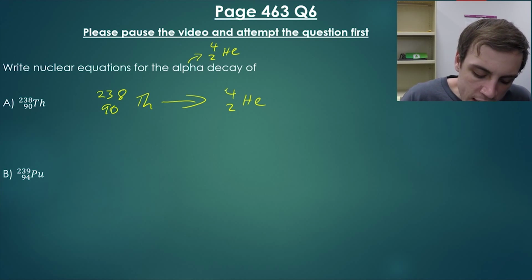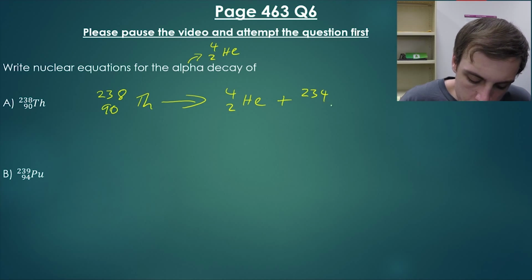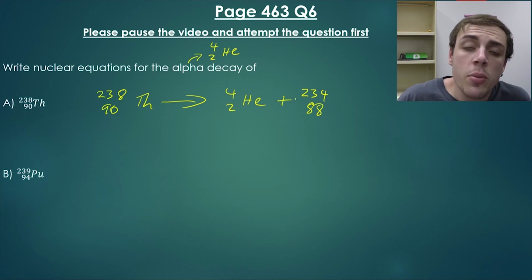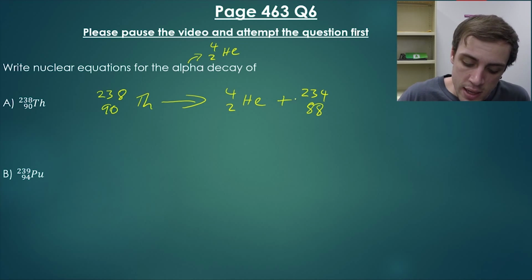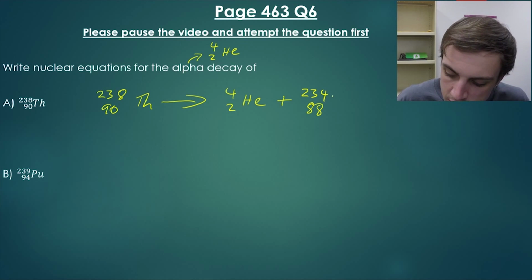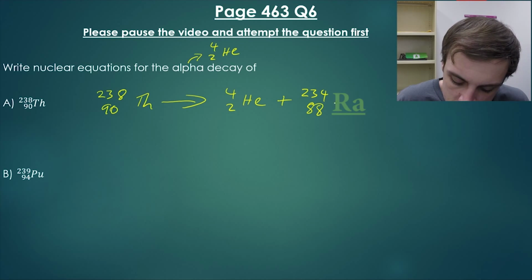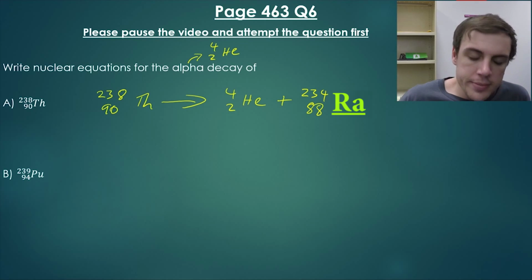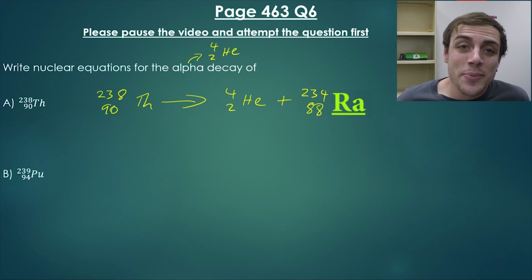And what we do is we then just subtract these numbers. So we're going to have 238 minus 4, so 234, and 90 minus 2 goes to 88. If you look on your periodic table for the element that is number 88, that gives us radium. And it's as simple as that.